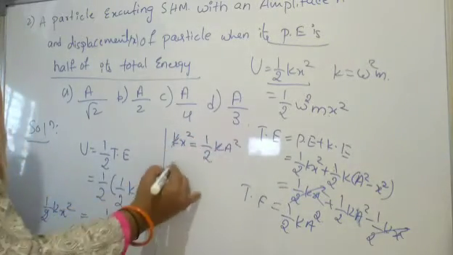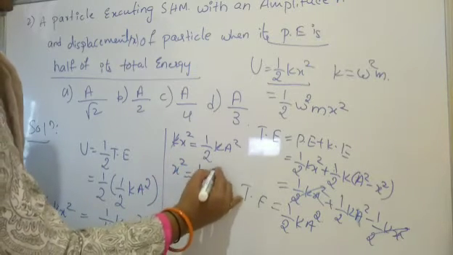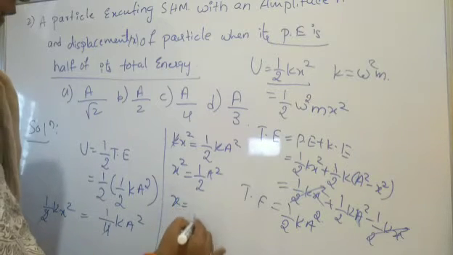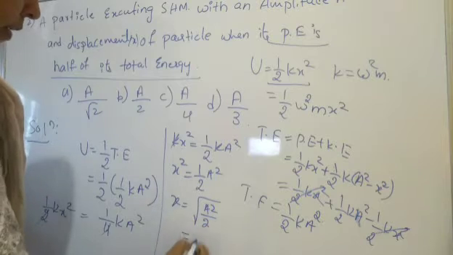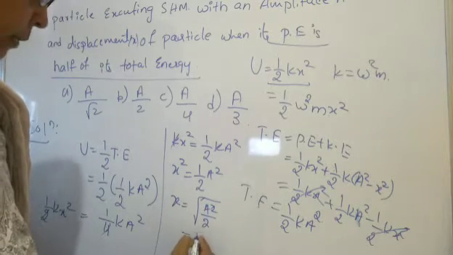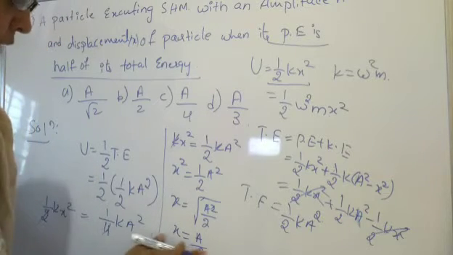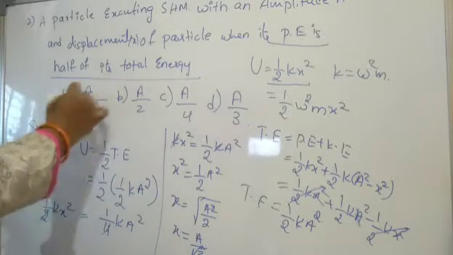Here k is also cancelled. x square is equal to 1 by 2 a square, where x is equal to root of a square by 2. That means the square cancels, and what remains is a by root 2. So what is the answer here? The answer is a by root 2.